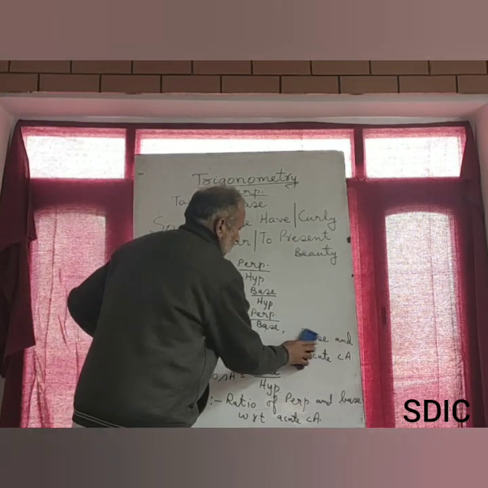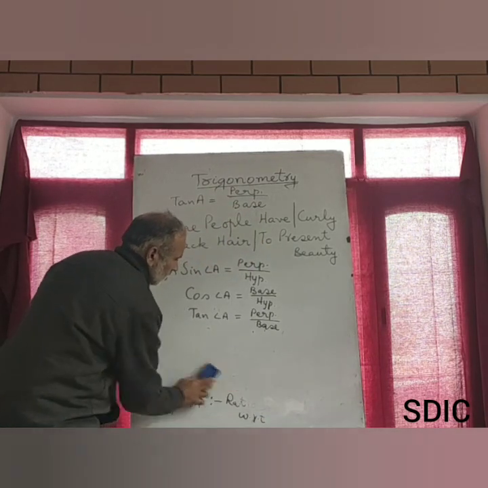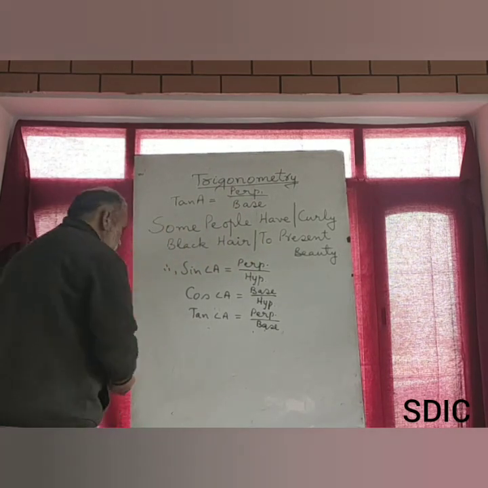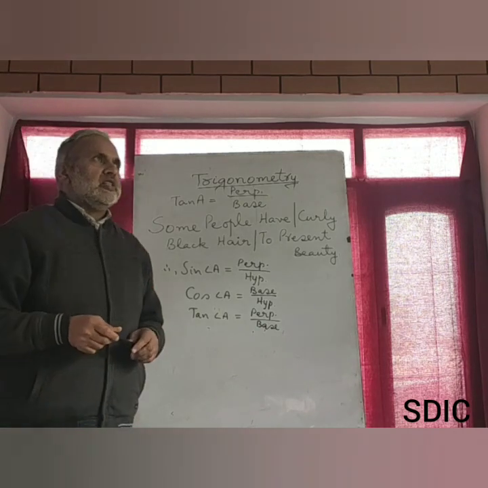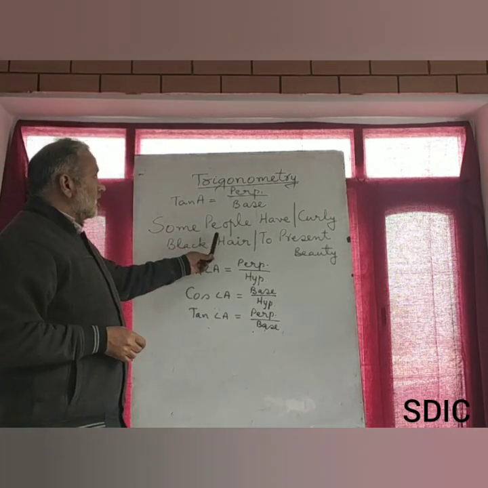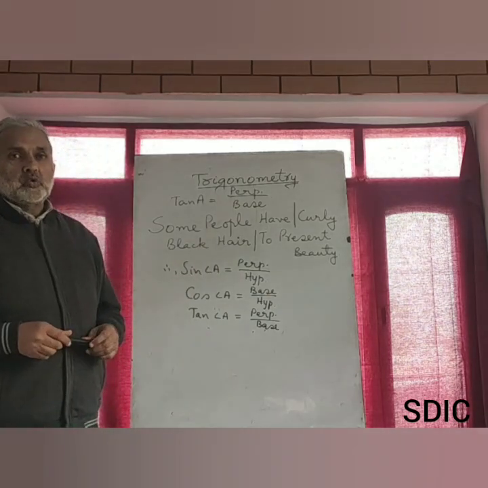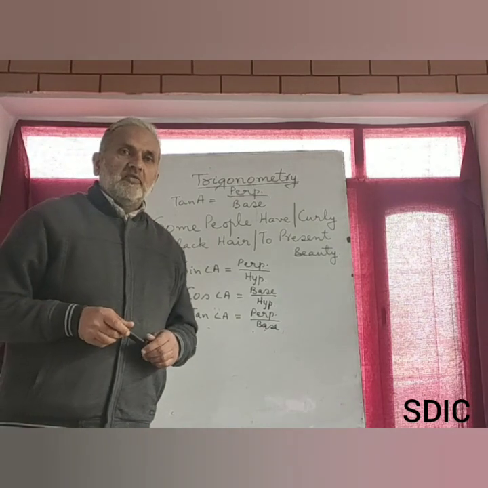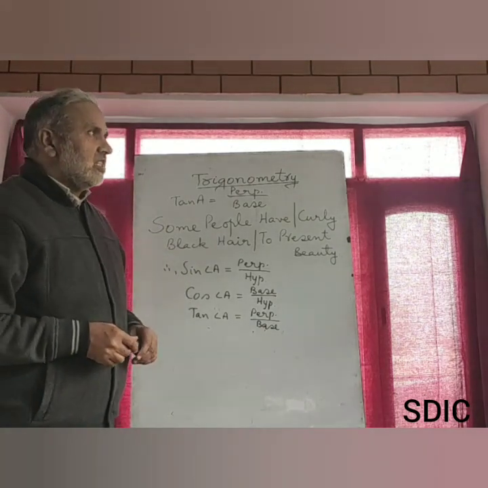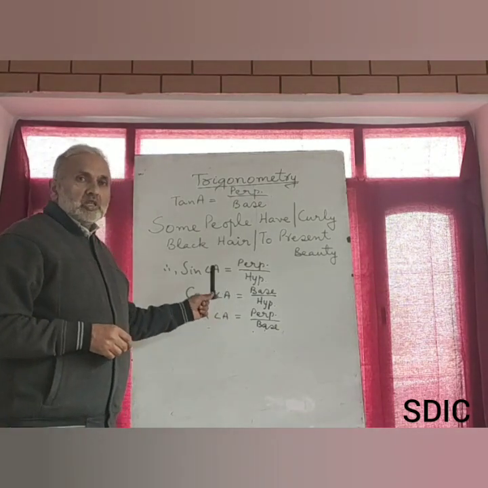Well, having understood how these three trigonometric ratios are defined by using the statement given here, the remaining three trigonometric ratios are defined in the form of reciprocals of these three.